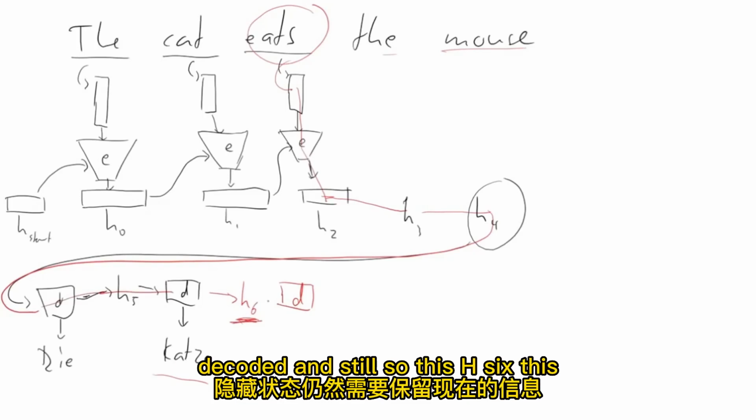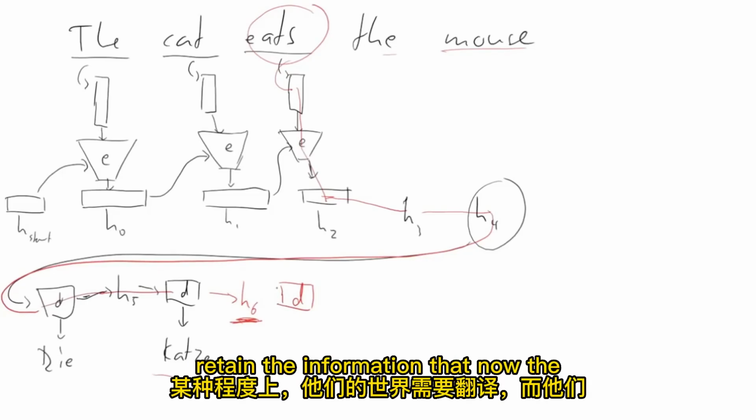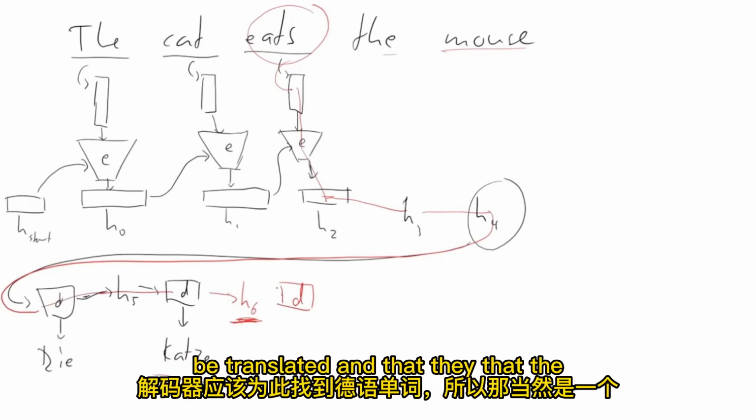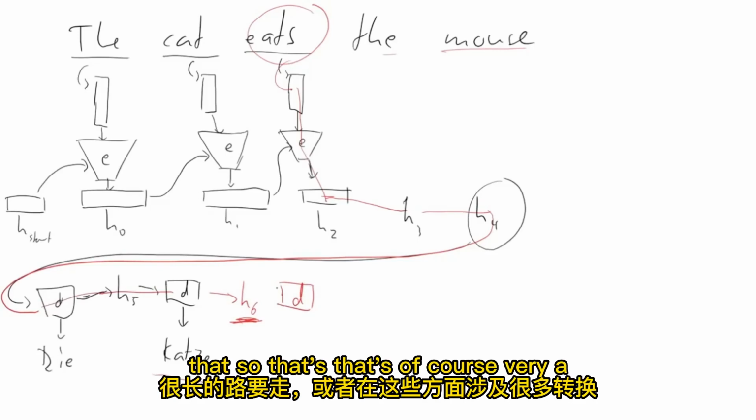this H6, this hidden state, somehow still needs to retain the information that the word eats is the word to be translated, and that the decoder should find the German word for that. So that's of course a very long path.